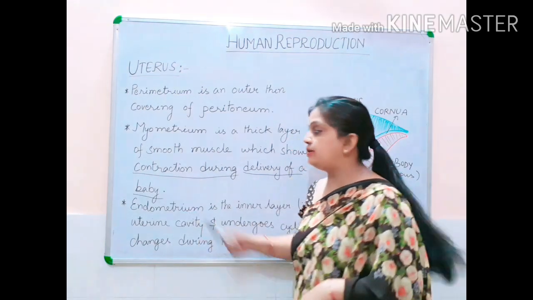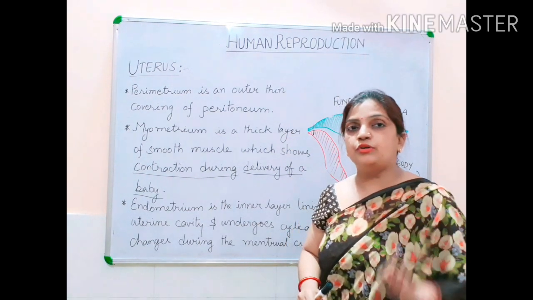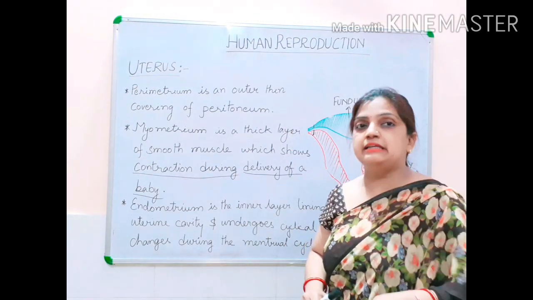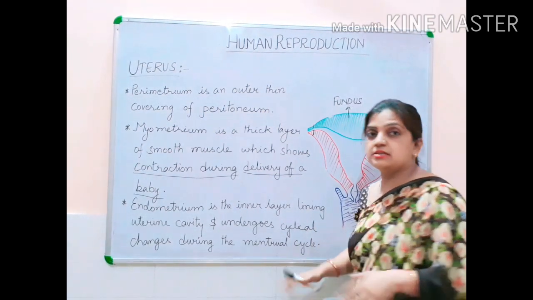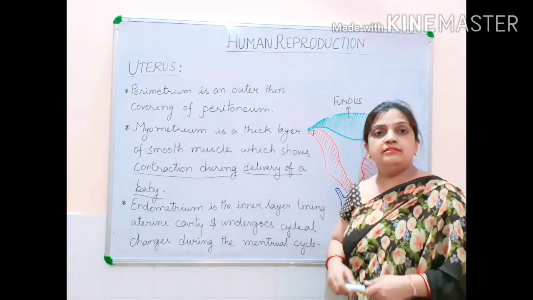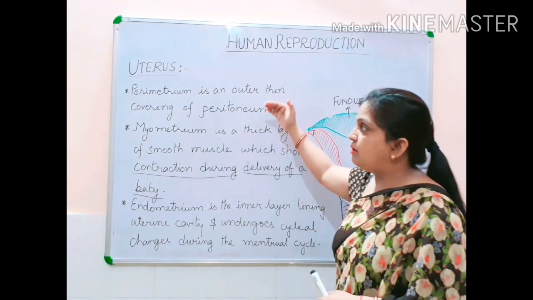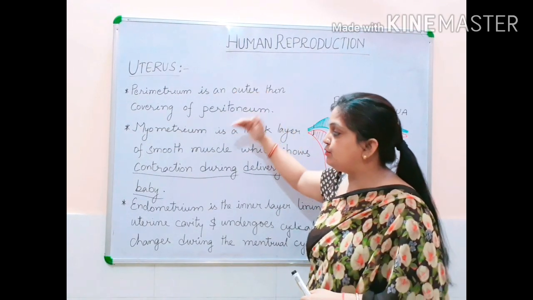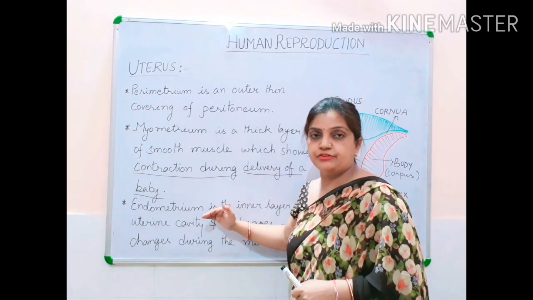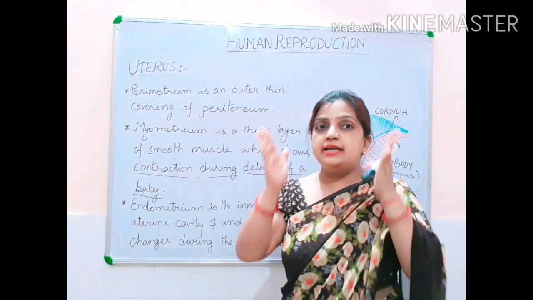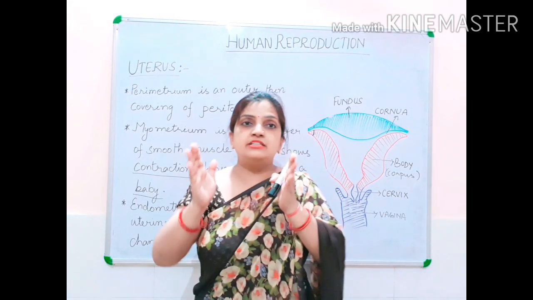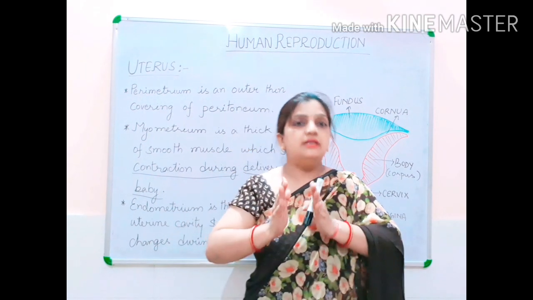So this endometrium plays a very important role during those cyclic changes and it causes the menstruation cycle in females. Now children, slowly, from the perimetrium and myometrium, we have reached the endometrium. This endometrium is the innermost layer and it opens into the cervix.